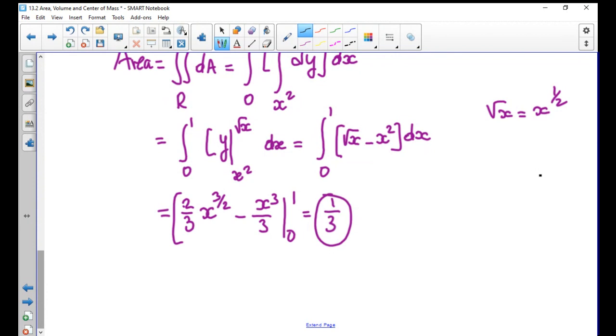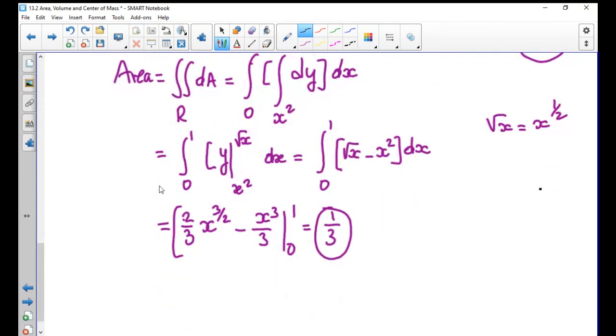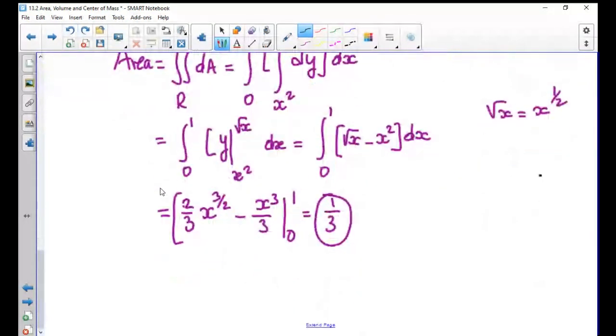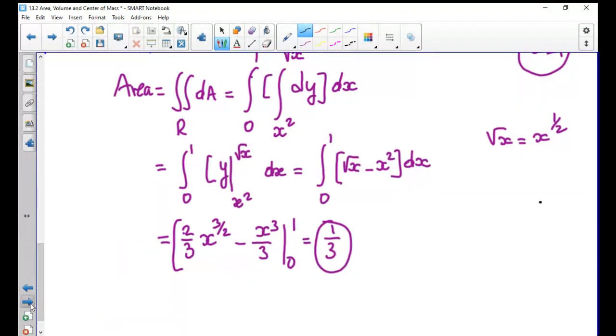It's okay? So that is how you get the area of this shape. Any questions here? It's okay?